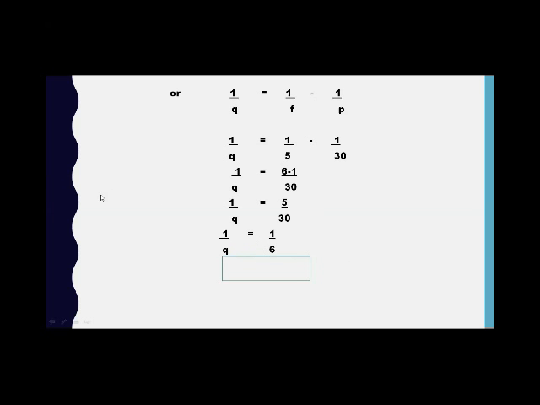After that, we will cross multiply. Cross means this q will multiply with this 1.